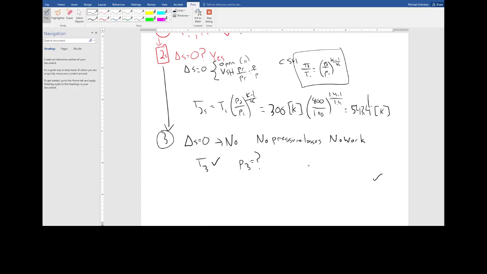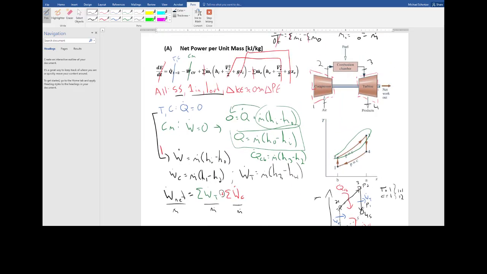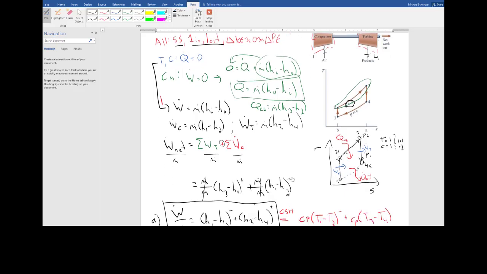So what we assume is that the pressure is constant, so that P2 is equal to P3. So this is also 800 kilopascals. And we knew that from when we drew this, right? Because we said from state 2 to state 3, pressure is constant. So this is another thing. If you know how to draw the TS diagrams, it's almost like cheating because the information is already there.